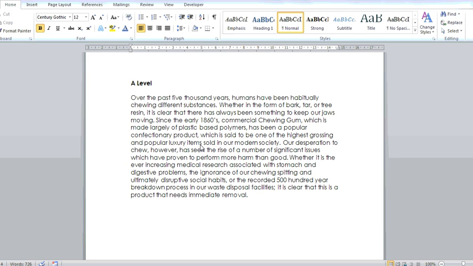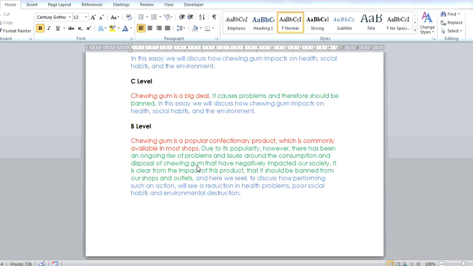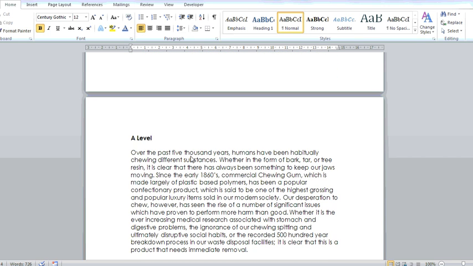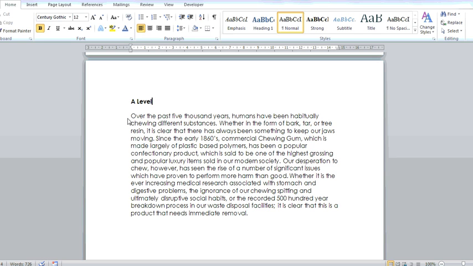It still follows the same structural composition as the previous 2 introductions. The difference between people who get a C and people who get a B and the A-level students is that those structures are not necessarily in order. When we talk about A-level writing, we really need to think about the progression of our writing to be more organic than mechanic.